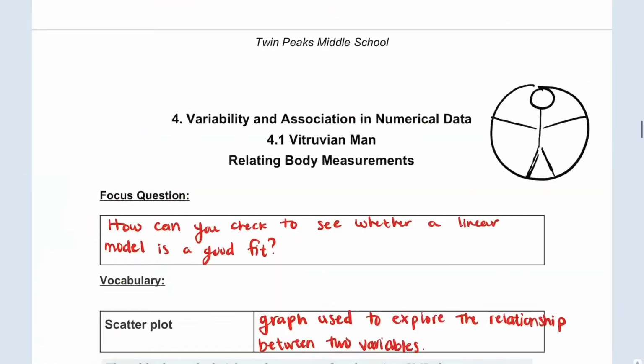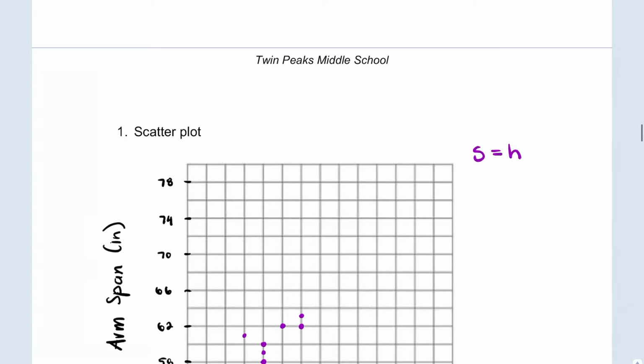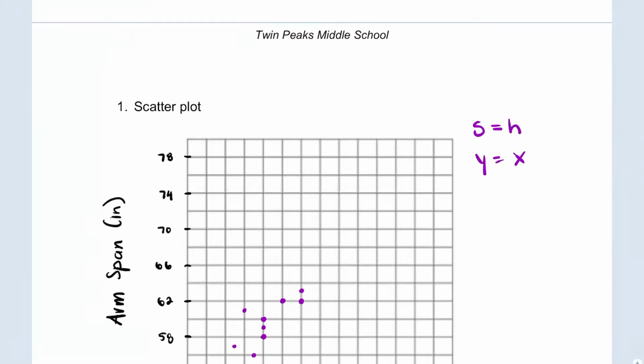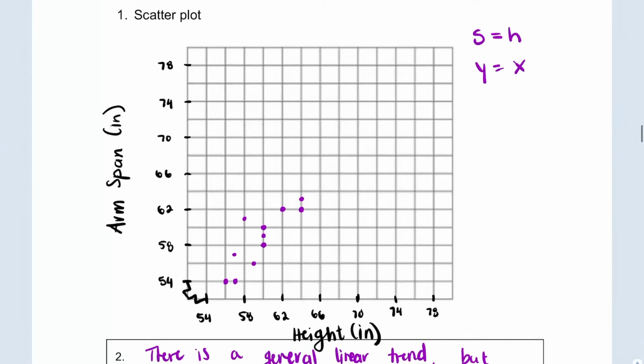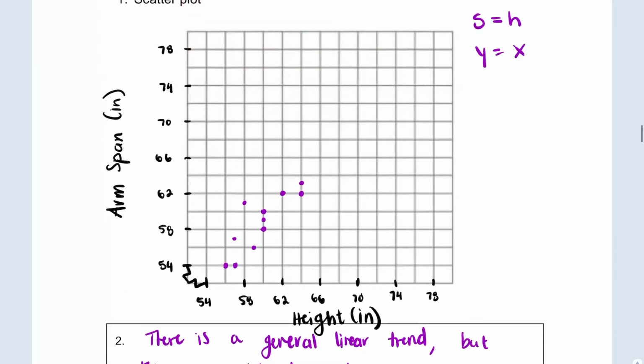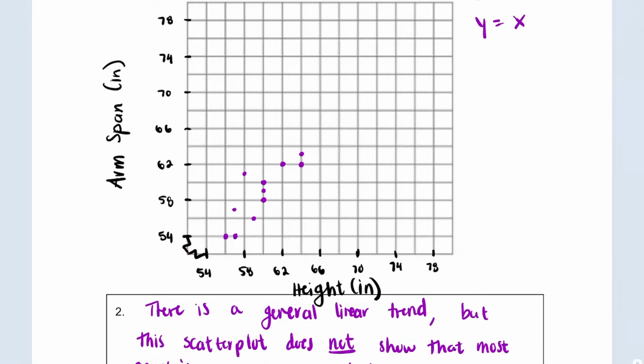This is very similar to y equals x, the graph y equals x. So we're taking our dependent variable, and that is equal to our independent variable. I'm going to do this in red. So with y equals x, the point 0, 0 is always going to be on the graph.